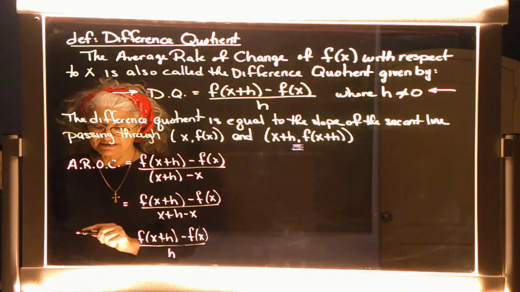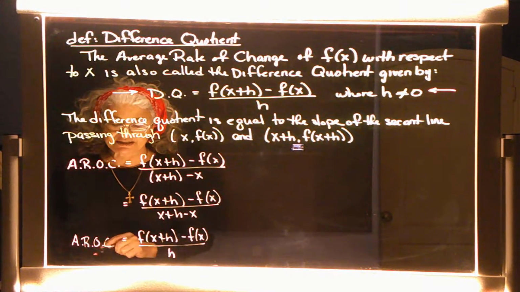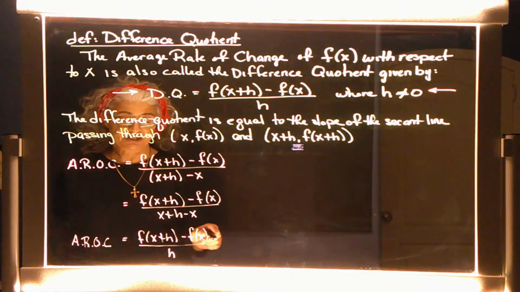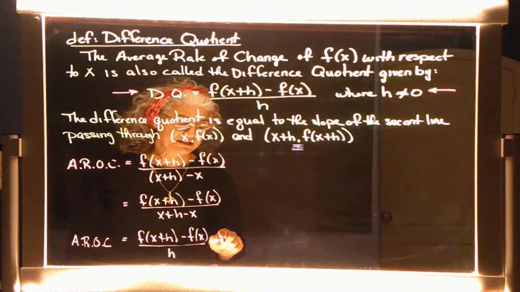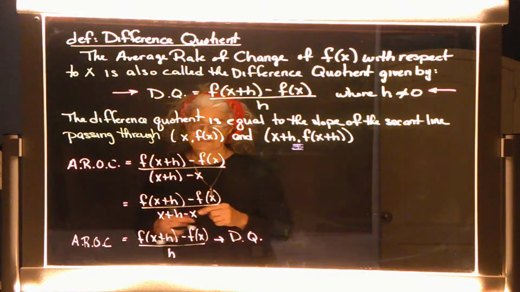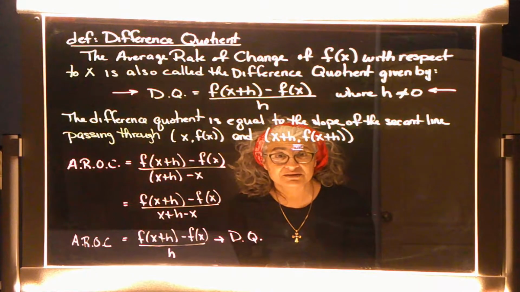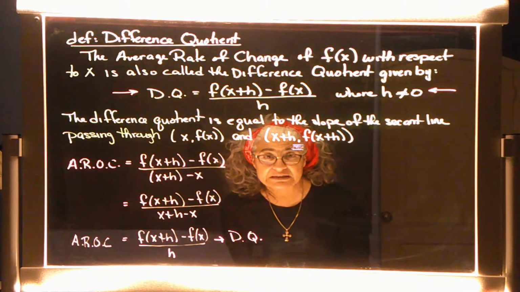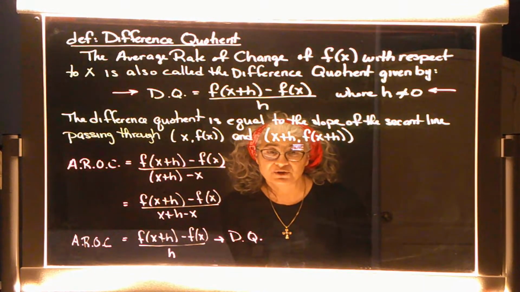So I used the average rate of change formula, didn't I? So using the average rate of change formula gave me this. But we're calling it the difference quotient. It is a generic formula that will always give me the average rate of change. Always. Cool?